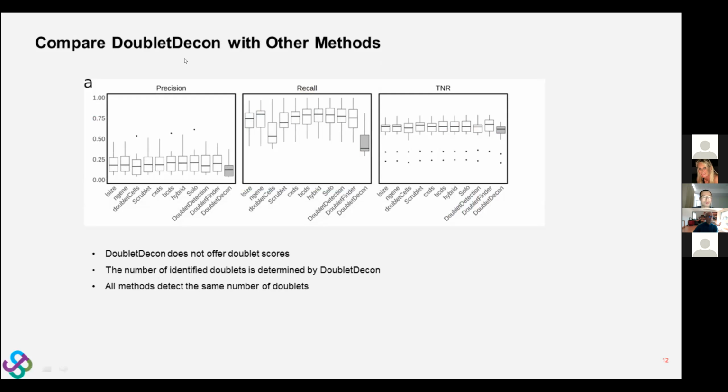To compare this method with all other methods with doublet scores, we let DoubletDetection decide the number of doublets to identify, and use this number to cut off the doublet scores of other methods, so that each method chooses the same number of doublets and we compare their precision, recall, and true negative rate. Even though we let DoubletDetection decide the number of doublets, it did not outperform other methods.